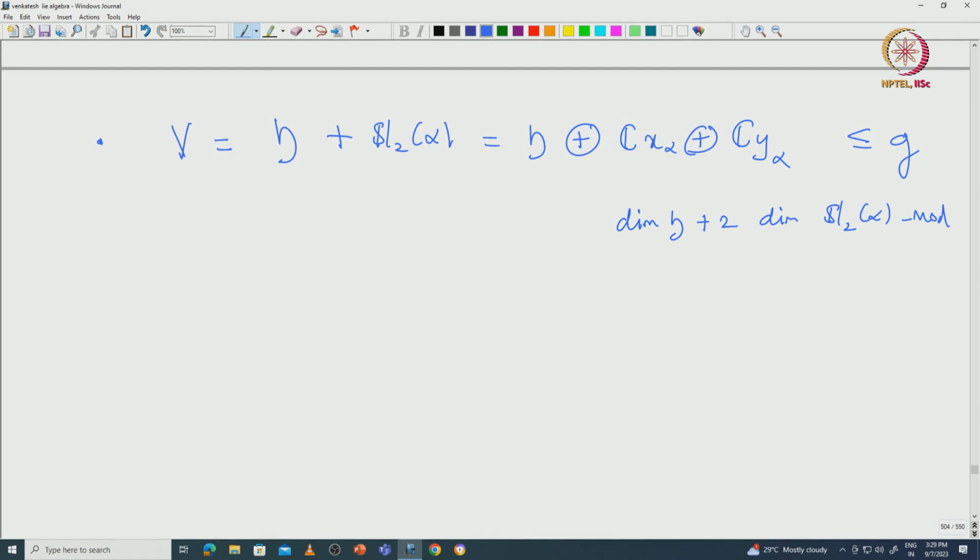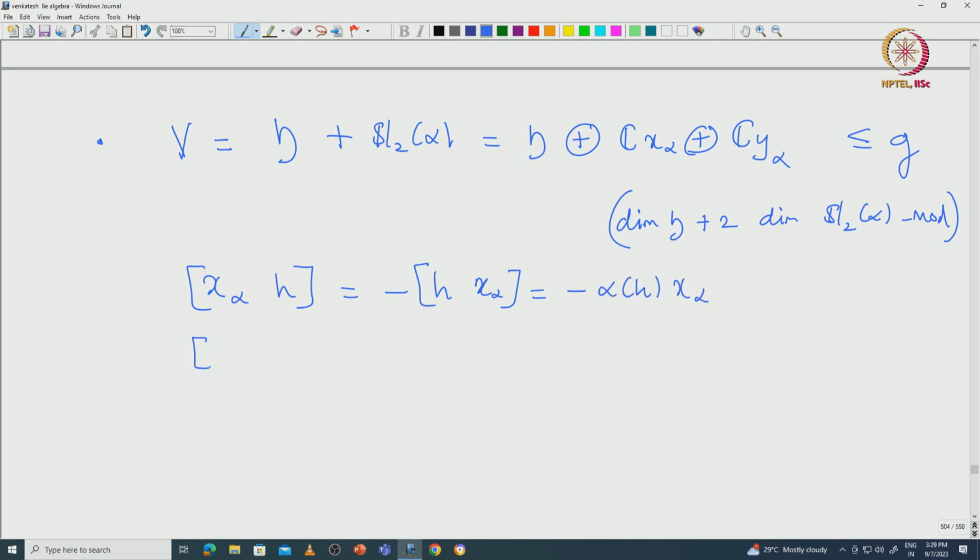Why is it an SL2 of alpha submodule? That is easy to check, because if we take x alpha and apply it on any H, then we can see that this is going to be minus [H, x alpha], which is minus alpha of H x alpha.